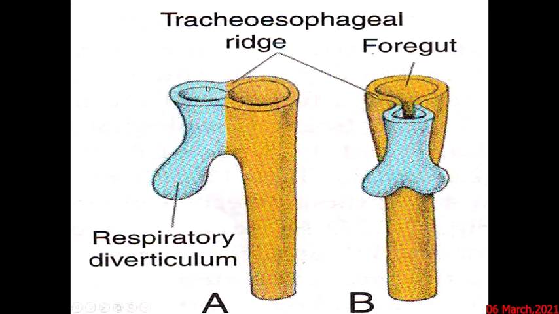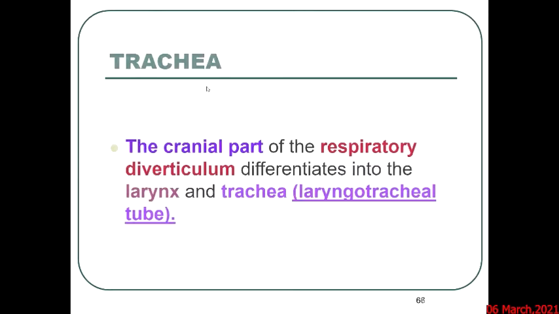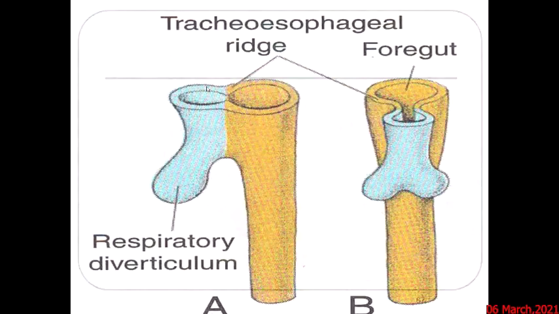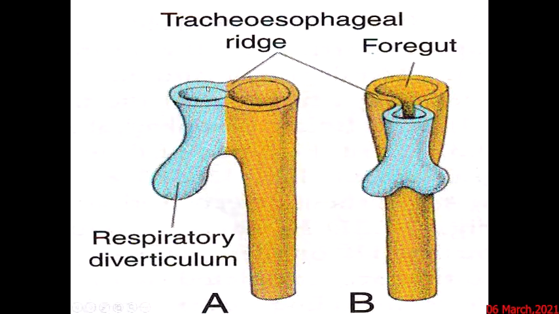What will happen to the caudal part? We can call this together the laryngotracheal tube, where the larynx and trachea form.